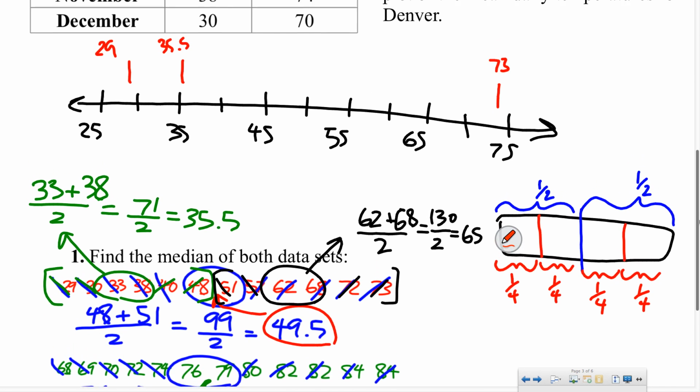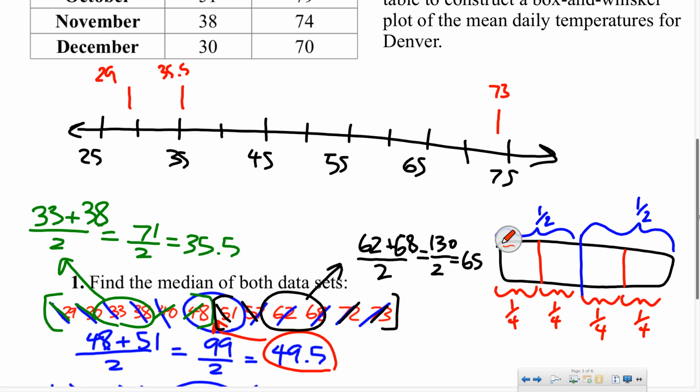What was my median? Come on, we did this for a warm-up. 49 and a half, 49.5. So almost to 50. And here's 50 right here. Okay, now we got our upper quartile, and how much was that? 65 exactly.